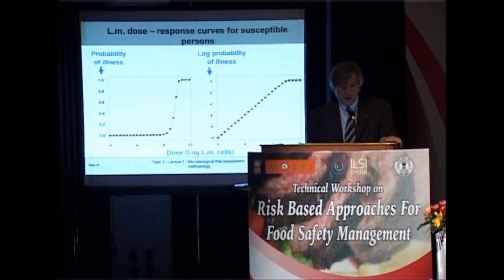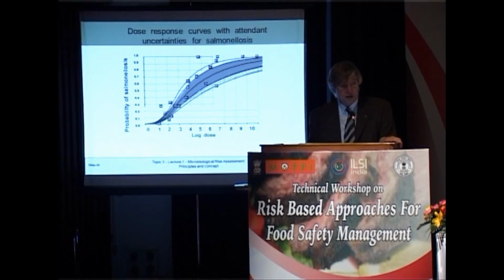What this straight line doesn't illustrate is the variability between microorganisms and variability between people, and this kind of graph would illustrate that much better. Although you can derive such curves, there is a lot of variability because consumers vary a lot in their response to microorganisms.